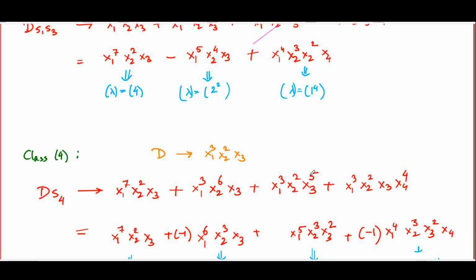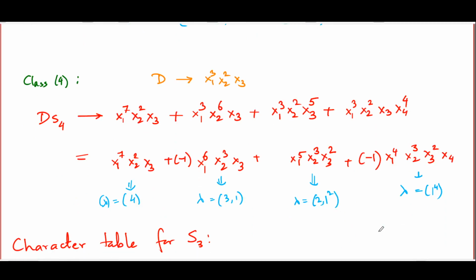This one, the 5 has to jump all the way to the front. So 3, 2, 5 will have to make 5, 3, 2. But that's a jump across 2 places, 2 minus signs. So plus 1 again. And here the 4 has to go all the way to the front, jumping across 3 places. So that will become a minus sign.